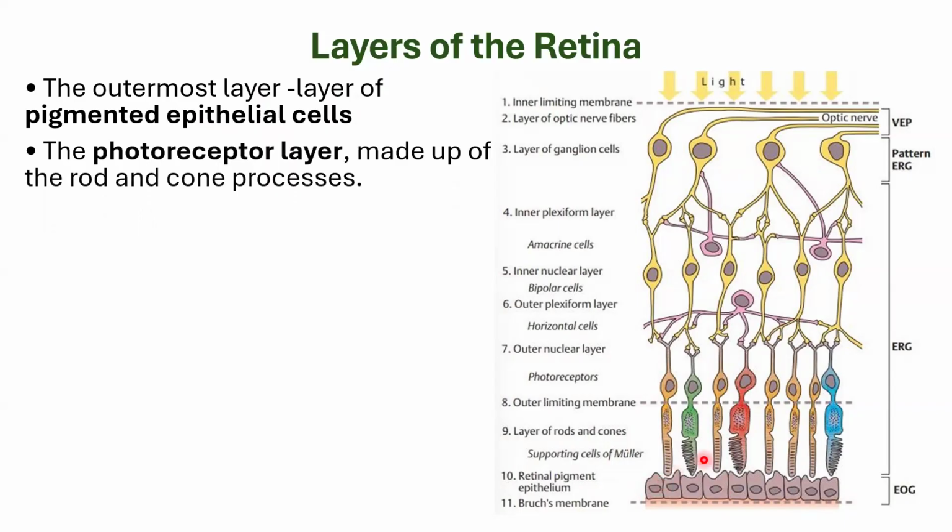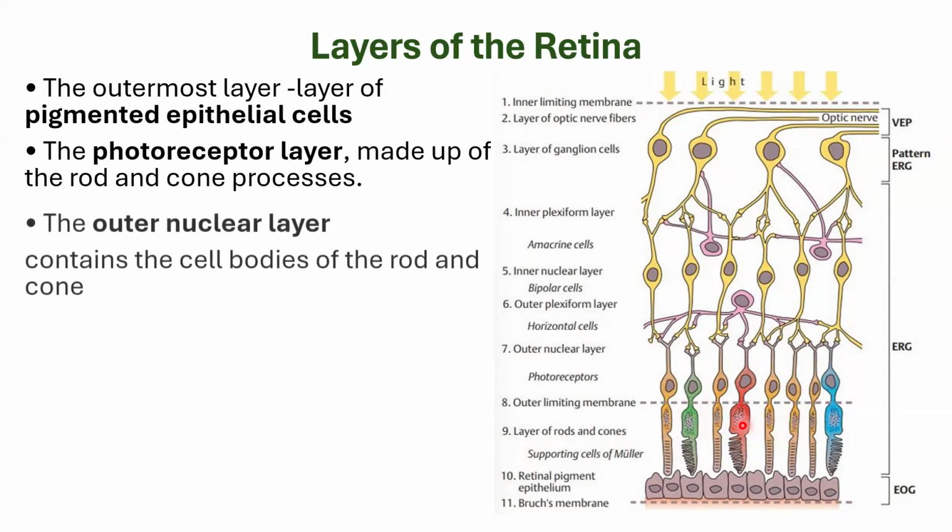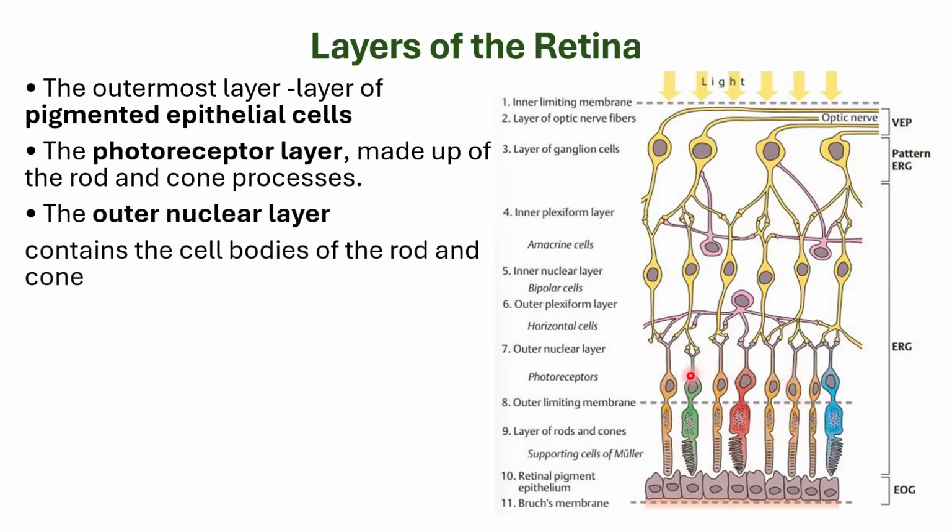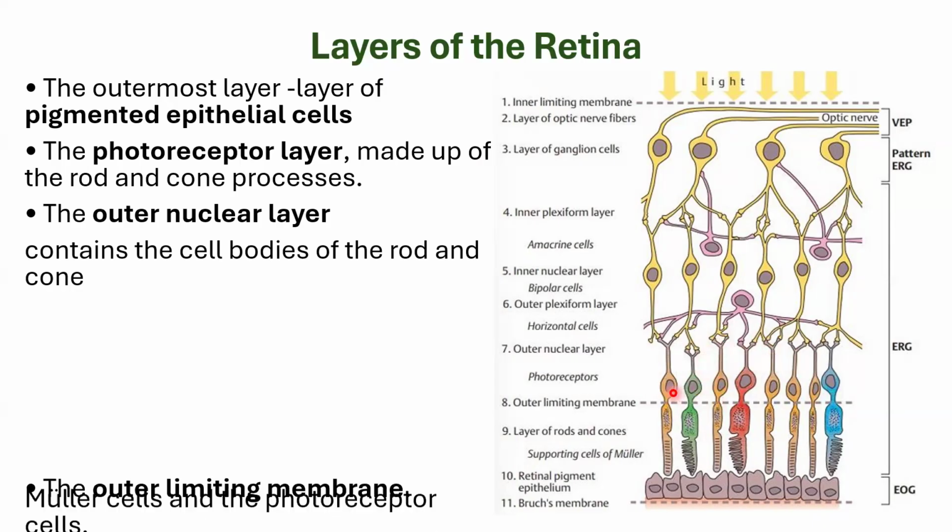Then after that, you'll have the processes of cones and rods, the photoreceptor layer. The photoreceptor layer is the layer of processes of cones and rods. Then you have the outer nuclear layer, where the cell bodies of rods and cones are found.